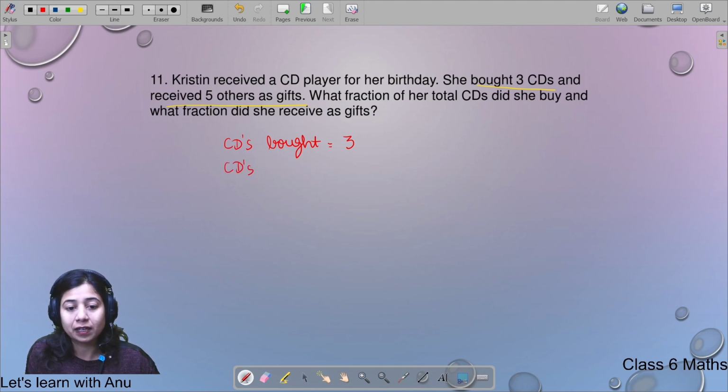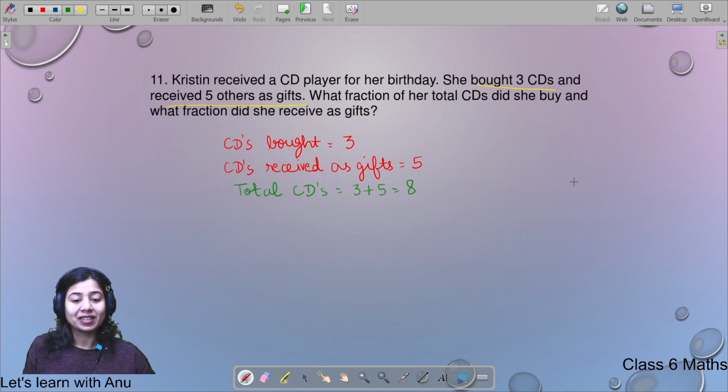CDs received as gifts. How many? 5, right? So what are the total CDs now, class? Total CDs are 3 plus 5, that is 8, right? Now what is the fraction of CDs she bought?